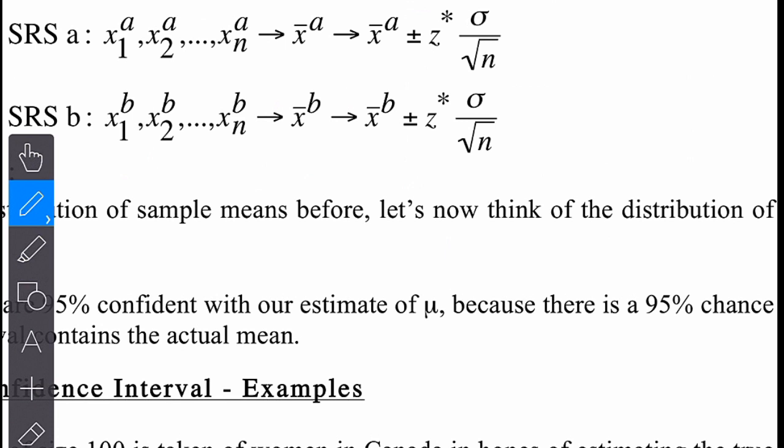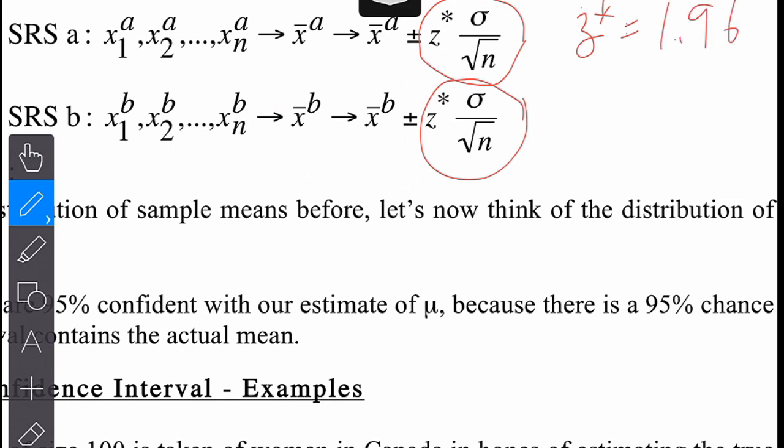If I make all my confidence intervals based on all possible samples at the same C% level, so let's say for all of these I'm making, for example, Z star equals 1.96 because I'm making 95% confidence intervals, then the width, the margin of error, the width of the interval will always be the same, right? So all that's going to change from sample to sample is this value, the sample means.